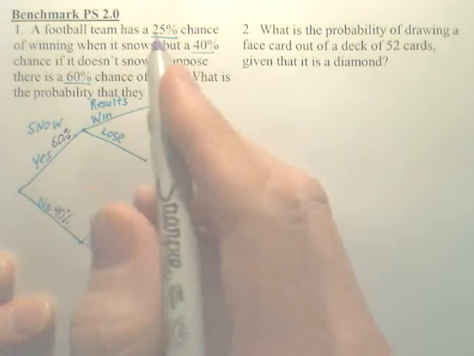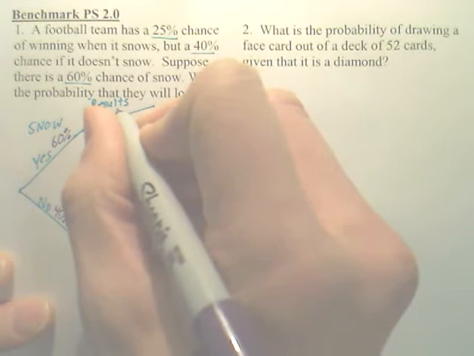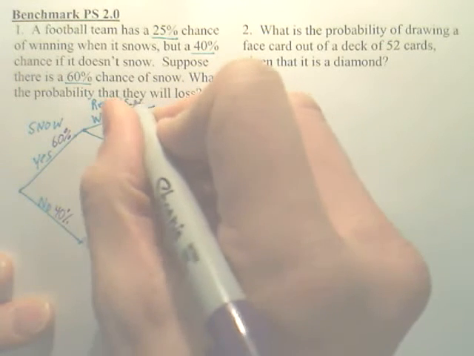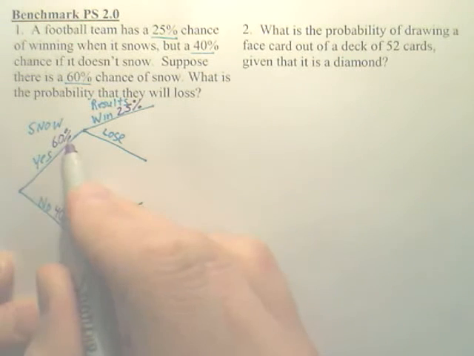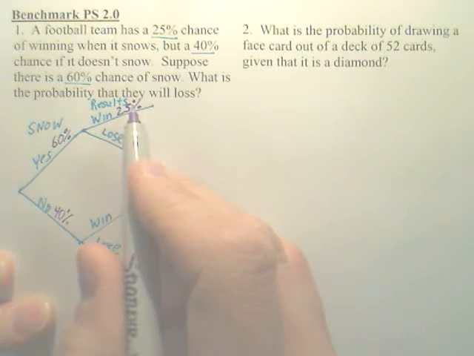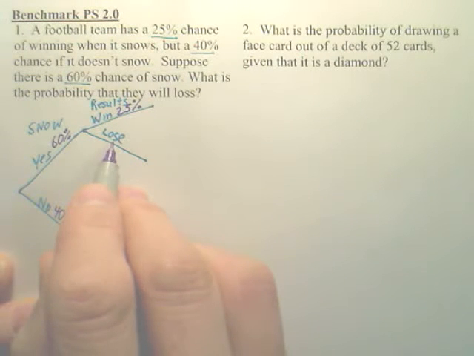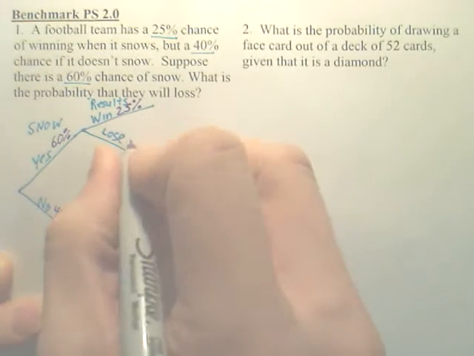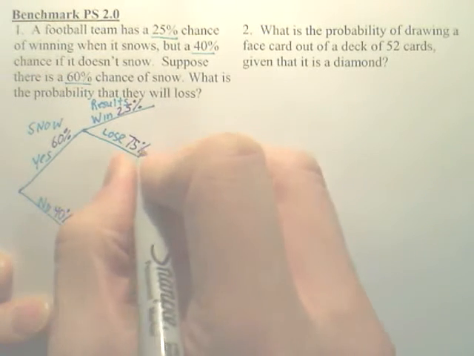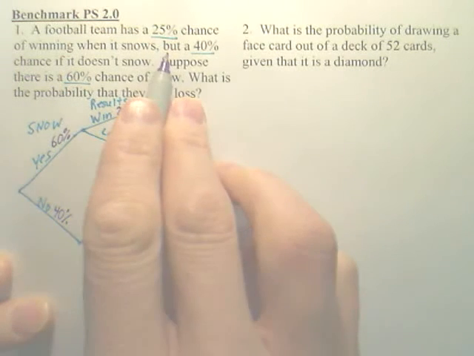And so the 25% goes right there, because if it's snowing, they have a 25% chance of winning. What would the losing be? Don't these two have to add up to 100? So wouldn't this be 75%?